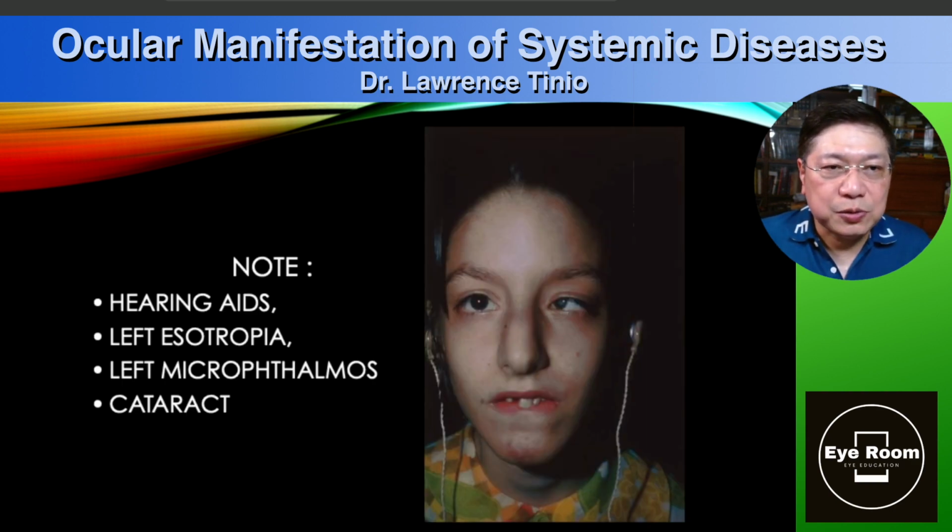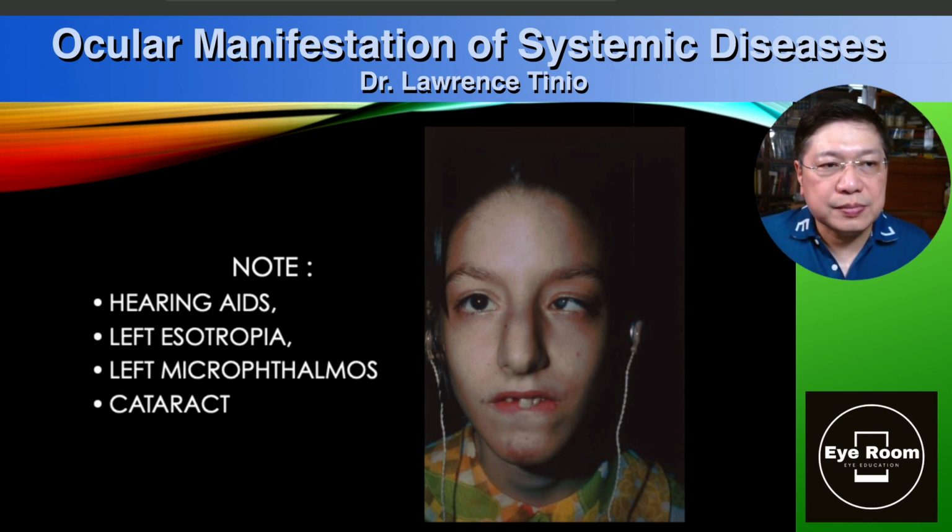This is a patient who had congenital rubella, and you note that the patient had several problems, not just in the eye. You would probably notice that the patient is wearing hearing aids. There's left esotropia, that's the inward deviation of the left eye, but in your picture it would look like it's in the right eye.